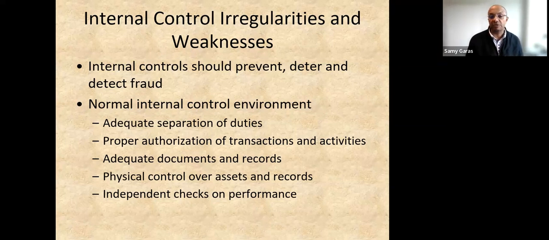Another one, authorization for the transaction and adequate documents, so we don't see only an invoice without a purchase order or without a shipping record from the warehouse. We need to see as many documents as we can to prove that this transaction is true. Physical control, like having cameras, security guards, passwords, and independent check, either by the manager or the internal auditor during the year, to ensure that the internal control is working properly.